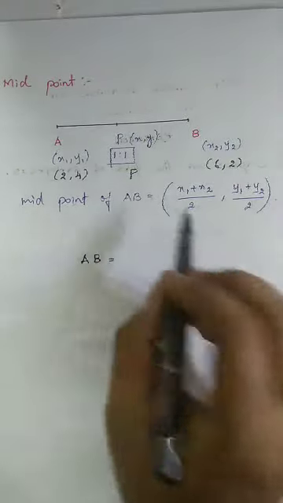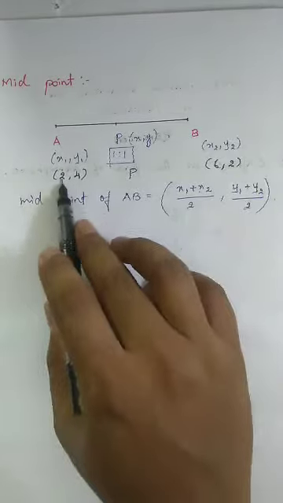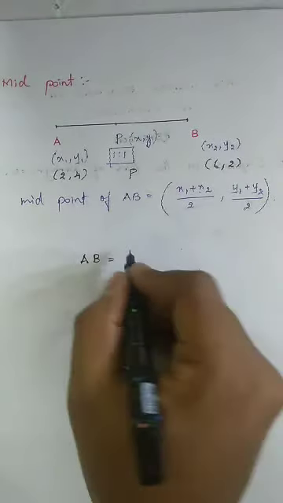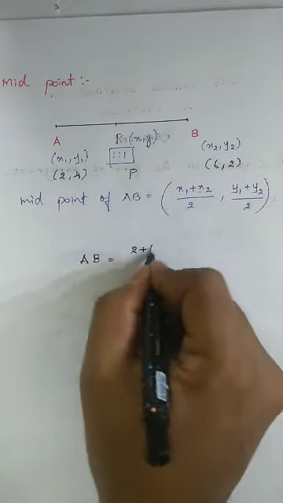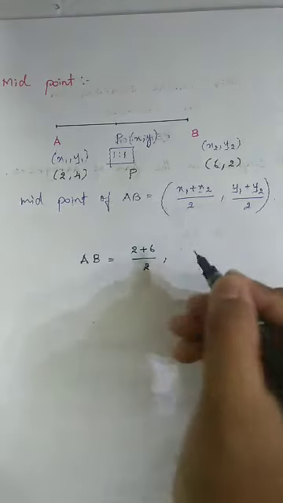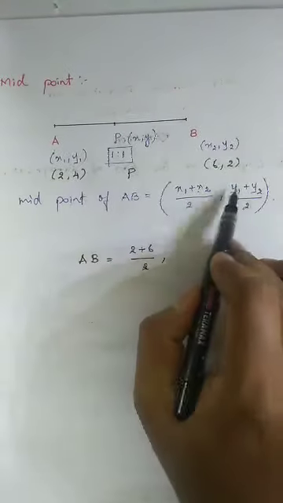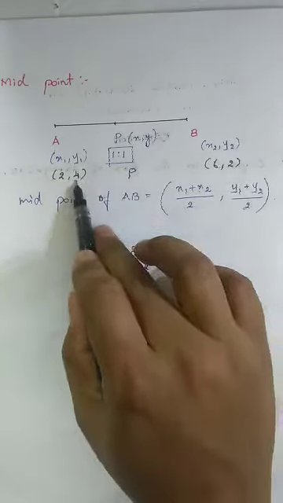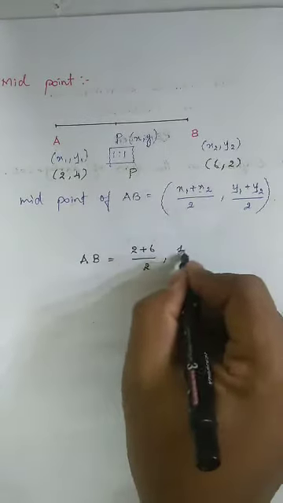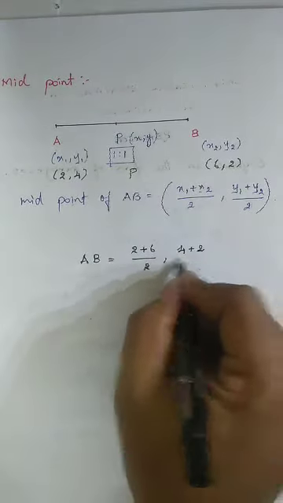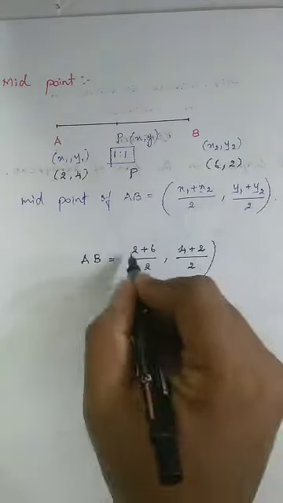Here x1 is 2 and x2 is 6, so 2 plus 6 whole divided by 2, comma, and y1 plus y2, so 4 plus 2 divided by 2.